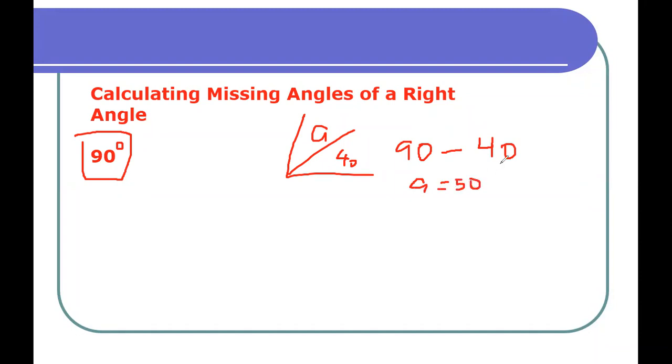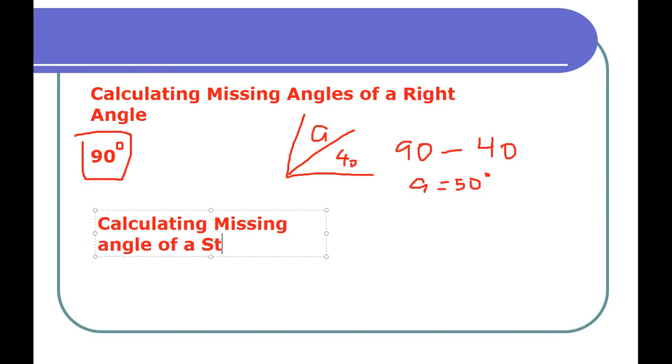I want you to do it this way. The other one, do you still remember? Calculating the missing angle of a straight line. What do we use now?